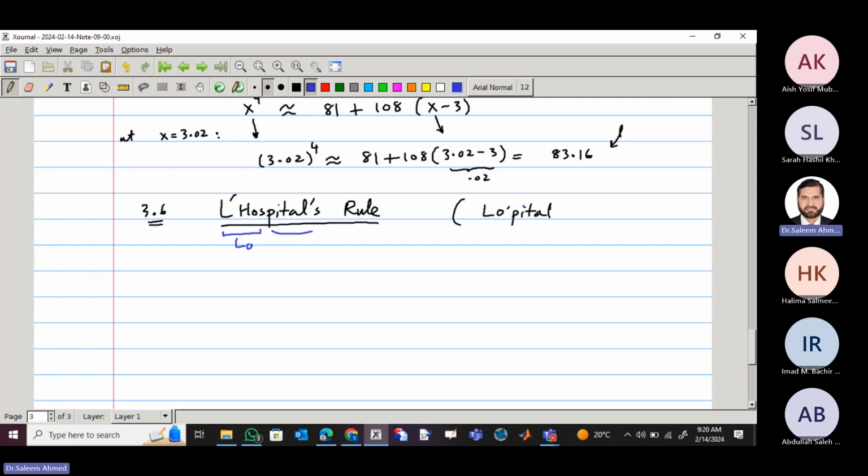It's not an English word. It looks like L'Hopital, right? Even if you say L'Hopital rule it doesn't matter, because it sounds similar, and because it's not from our language, we can do anything with that.